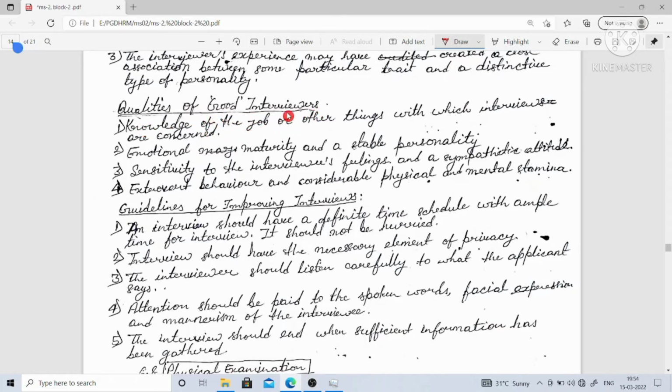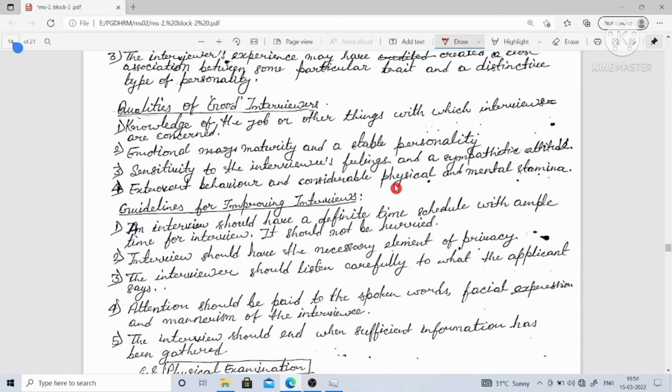Emotional maturity and a stable personality. A good interviewer should have sensitivity to the interviewee's feelings and a sympathetic attitude. And fourth, a good interviewer should be extrovert and should possess considerable physical and mental stamina.